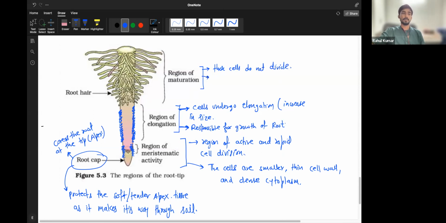And the epidermal cells of this region, the epidermal cells form root hairs. This part, okay.